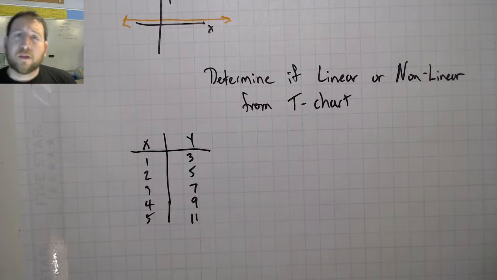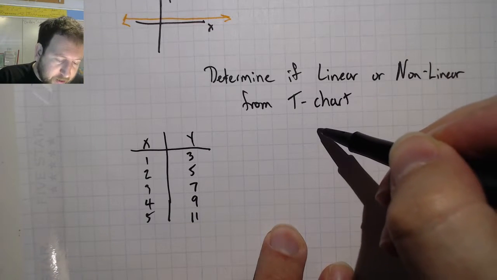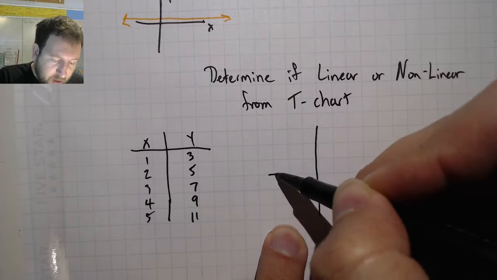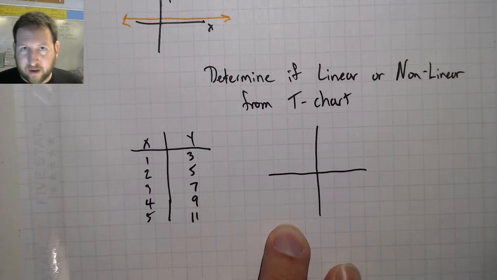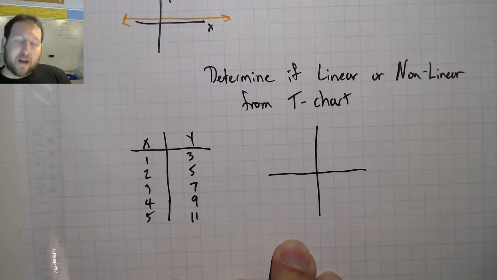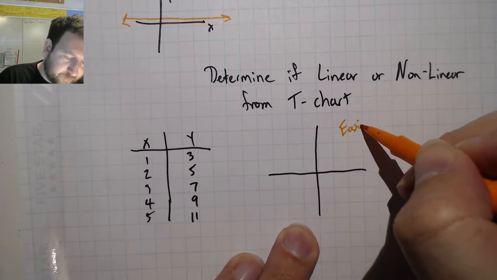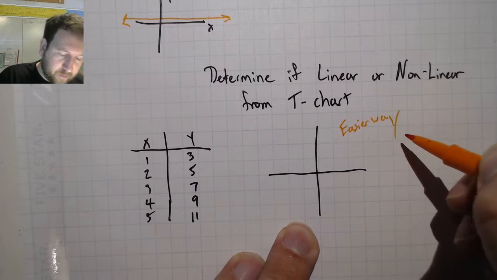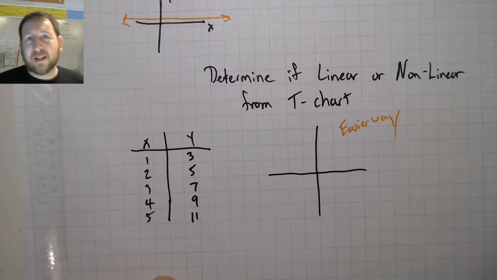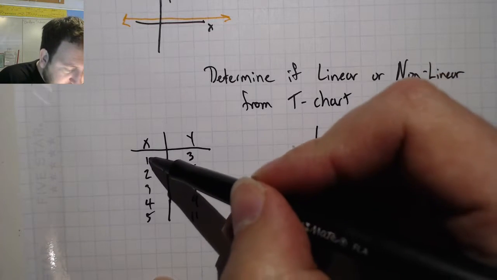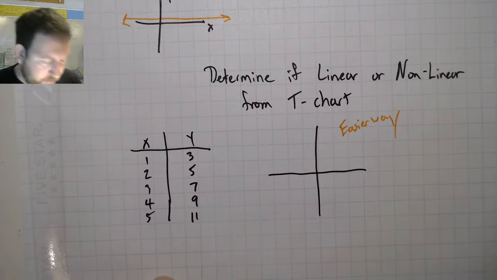All right, so what I could do on this is I could build my little graph and graph it out. And once it's graphed, it's really easy to tell if it's linear or nonlinear. But our goal is to find an easier way. And the rule that we can use for these is for it to be linear, every time x goes up 1, the y must go up the same amount.